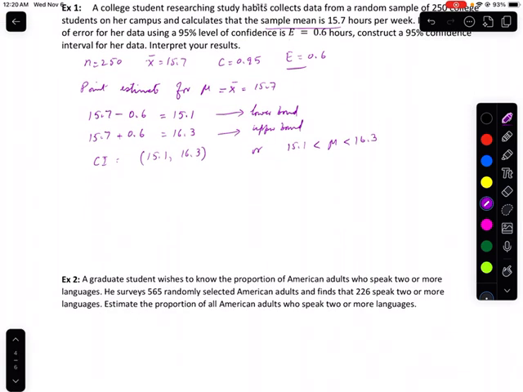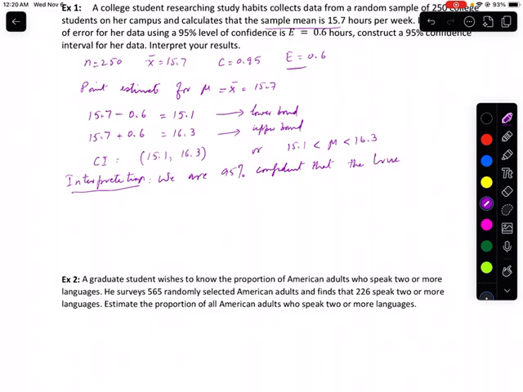So, we can say we are 95% confident that the true value of the population mean, okay, mean for what?